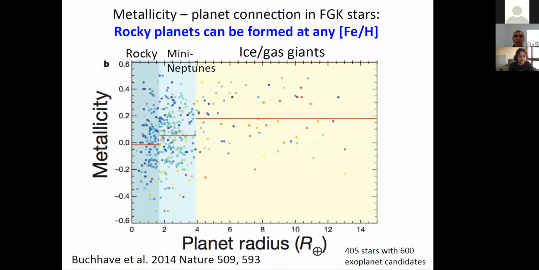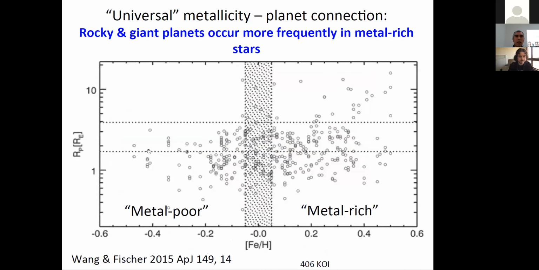And we can see this better here in this plot of metallicity for different types of planets versus planet radius. So the ice and gas giants are towards the right part. You can see that they form preferentially at higher metallicity, and on the other hand, rocky and Neptune planets form at any metallicity. This was shown also by Wang and Fischer.